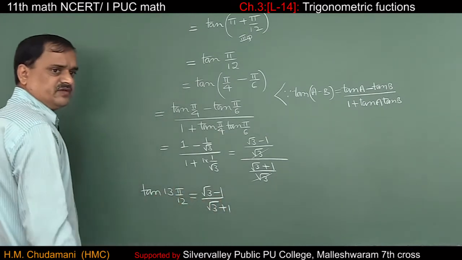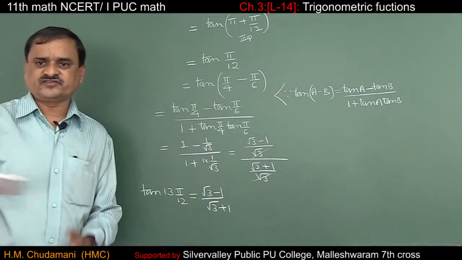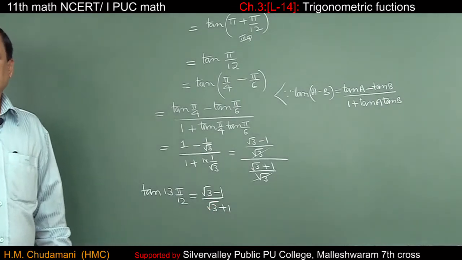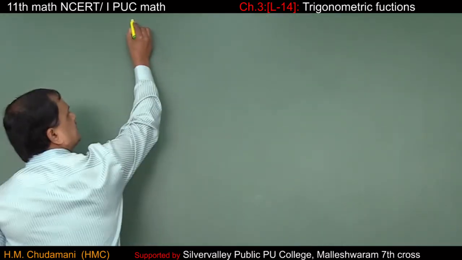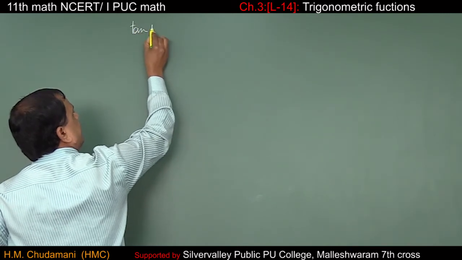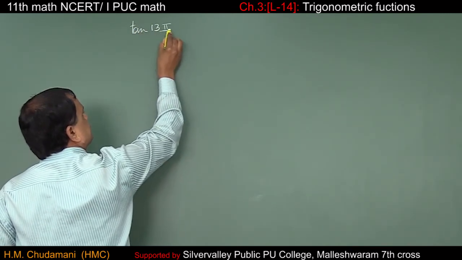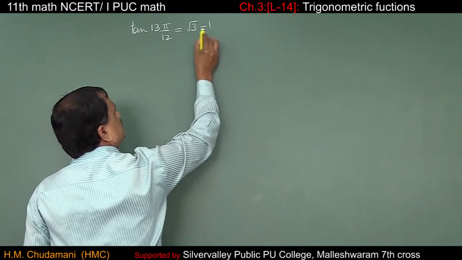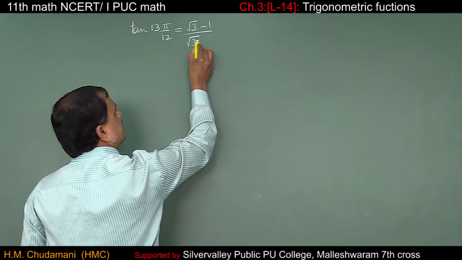You can simplify further by writing the conjugate of the denominator. Tan 13 pi by 12 is equal to root 3 minus 1 by root 3 plus 1.